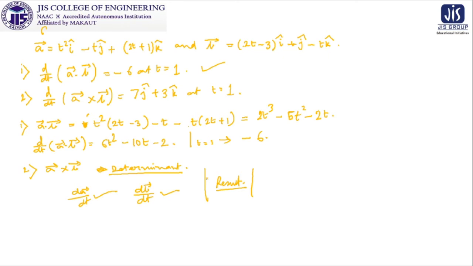So these are the simple problems which are there in the chapter, and I want to show you one more problem over here which is very closely related to our desired topic.